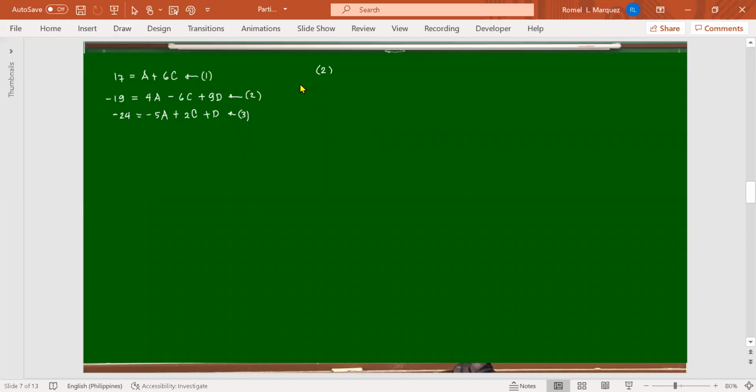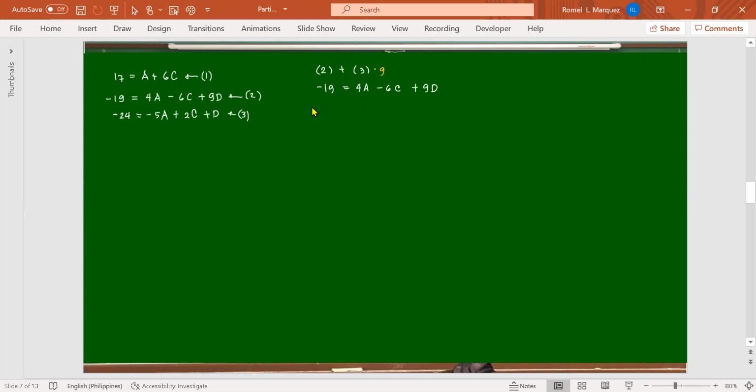Okay. So let me have again plus equation 3. And equation 3 is multiplied by 9. So let's have that. Negative 19 is equal to 4A minus 6C plus 9D.